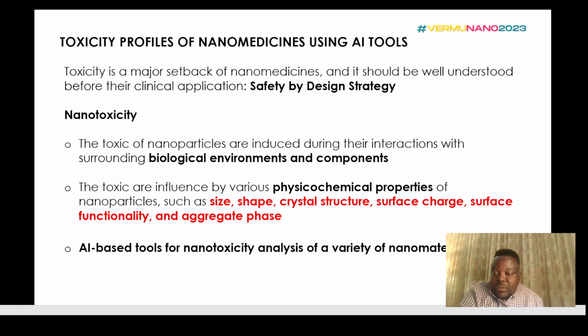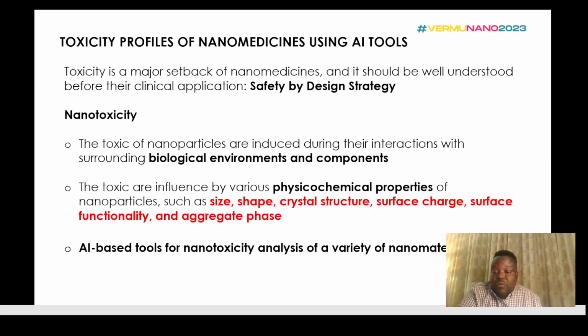The toxicity of nanoparticles is induced during interactions with the surrounding biological environment and other components. So artificial intelligence in a simulated environment can show what kind of interaction will occur and what kind of toxicity you're likely to see before you embark on proper lab work, or using animals or humans.